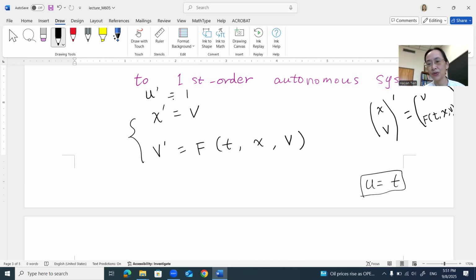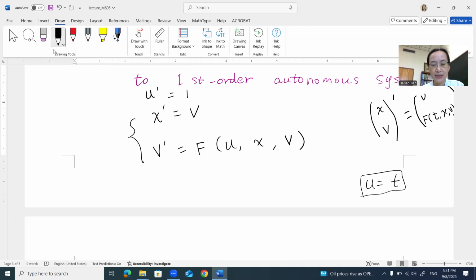I know the u's derivative with respect to t is 1. So with that, this t will be u. So now we have three equations.